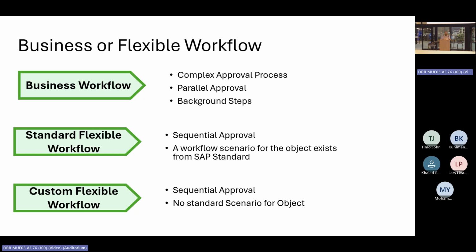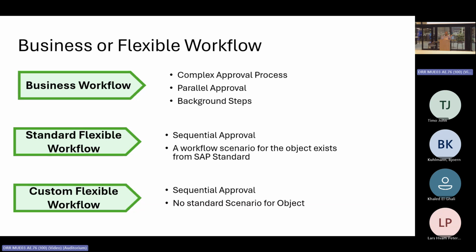Standard flexible workflow is for sequential approval, so step-by-step approval, when we have an approval scenario for this object in the standard. So we can use standard flexible workflow. If we don't have this standard flexible workflow scenario in the system, we can create our own custom flexible workflow scenario and use a custom flexible workflow.